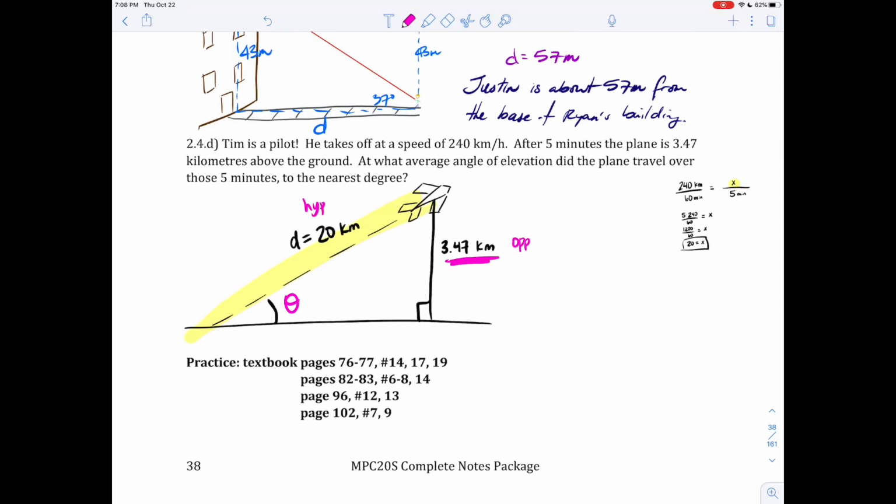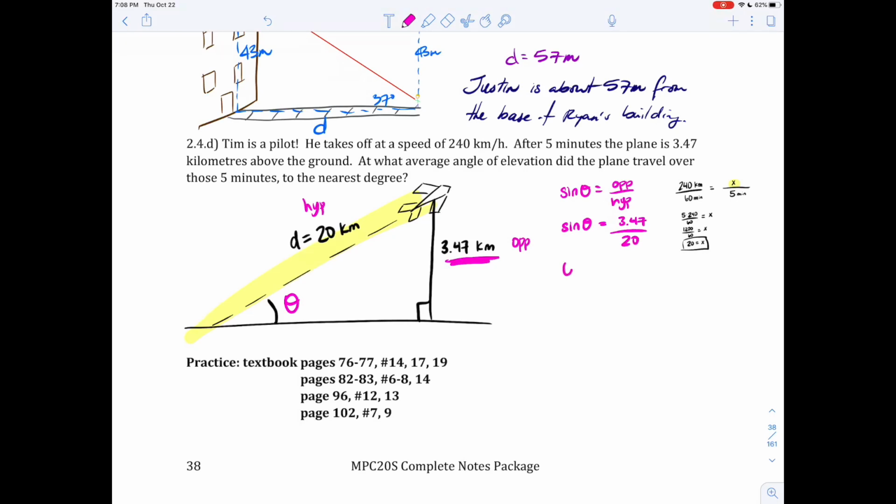And since we have our opposite and our hypotenuse, we know that that's using our sine ratio, because sine of our angle theta is our opposite over our hypotenuse. By plugging in our known values, we get sine theta equals 3.47 over 20. And we want to isolate for theta. Right now, theta is currently being sined. To undo sine, we inverse sine.